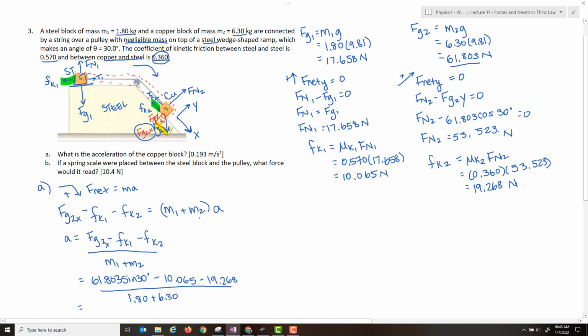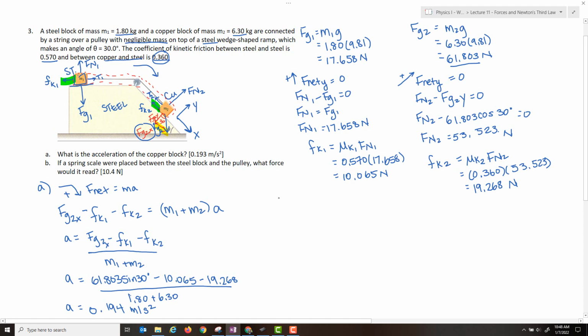And I get 0.194 meters per second squared because it's an acceleration. All right, so that's question 3A. 0.194. I have here 0.193. So it might be a slight rounding error, but my answer that I got on my calculator is 0.1936, so I rounded it up to 0.194.